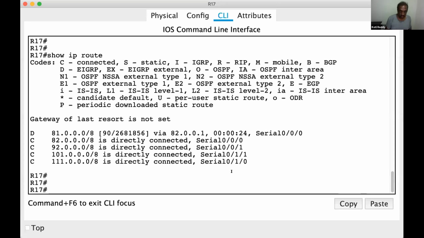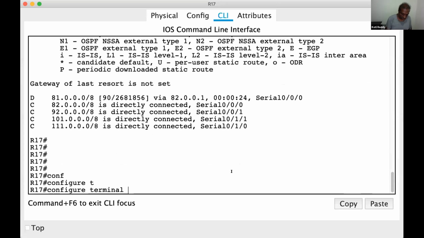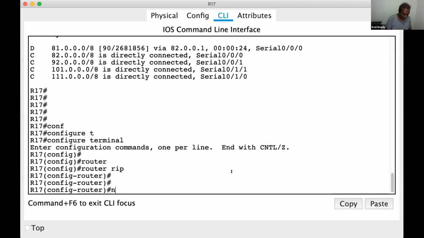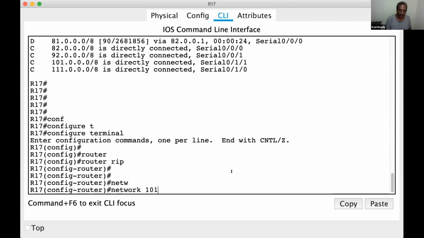So in R17, I give the command configure terminal. I give the command router RIP, and I give the command network 101.0.0.0.